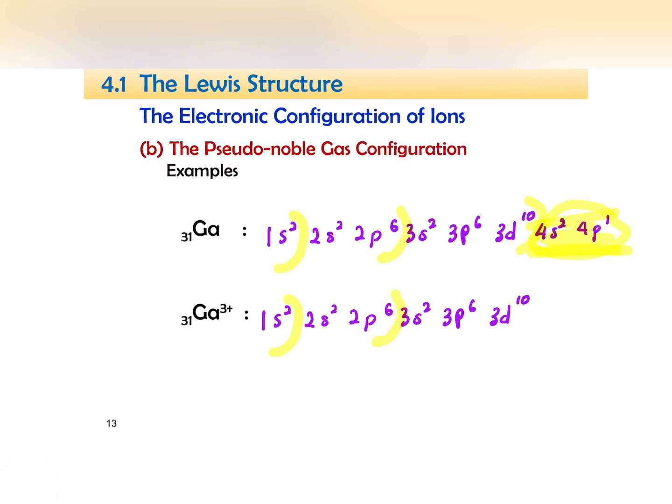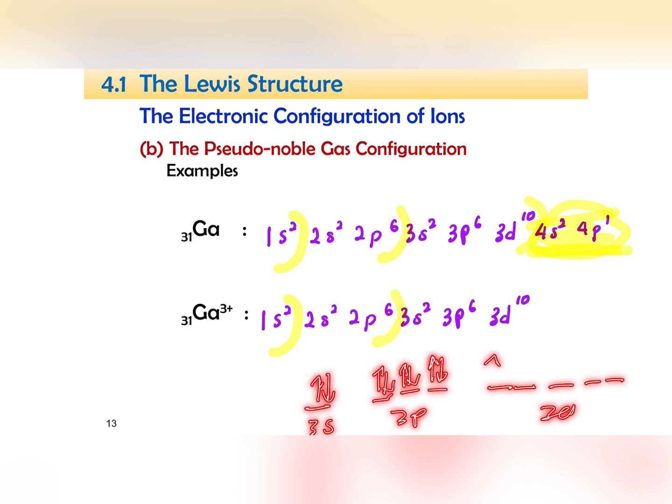So electronic configuration untuk Ga3+ ion ni tak sama langsung dengan noble gas, tapi bila kamu nampak dekat sini, dia completely full. Okay, so maksudnya semua orbital dia 3s, 3p, okay, so semua full. And also 3d, 1, 2, 3, 4, 5, 3d, semuanya completely full.